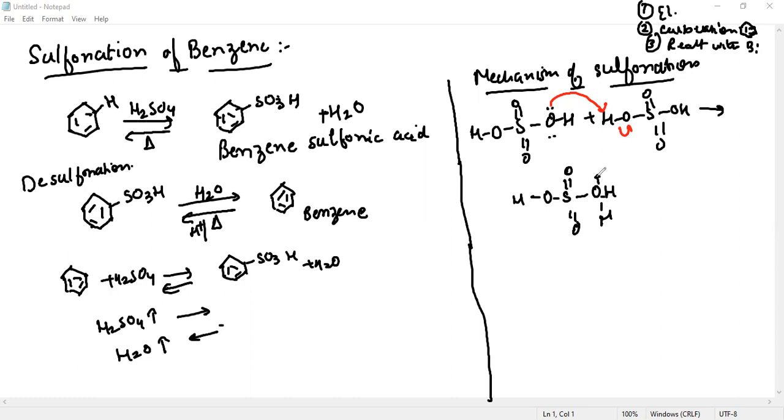Since oxygen lost a pair of electrons, it will gain a positive charge. So I'm going to draw a positive charge on oxygen, and it has a lone pair. The better way of writing this is OH2. That was just for understanding purposes. So oxygen has two hydrogens, one lone pair and a positive charge, right? This is the situation of this one.